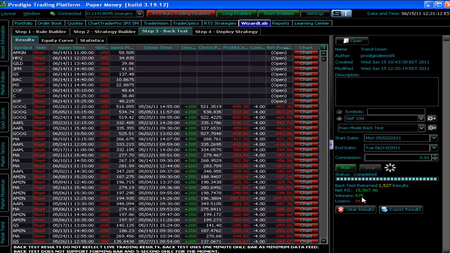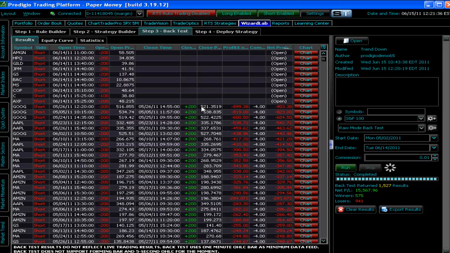Now, notice the number of winners. It's slightly a little bit worse than it was, but it's still not too bad. The other one was about 602 to somewhere around 900. This one is 575 to 941, so it's a little different, but not overly different. Now what this is doing is actually doubling down on winning positions.